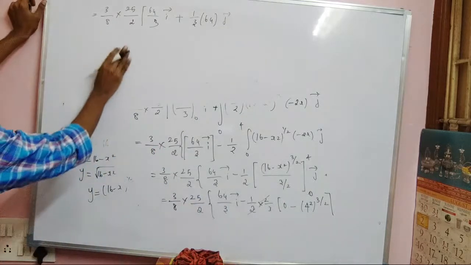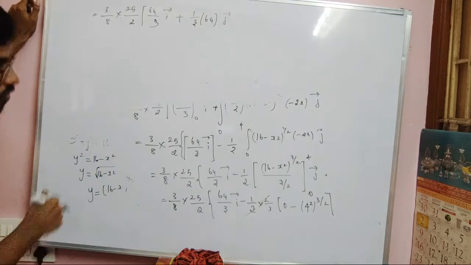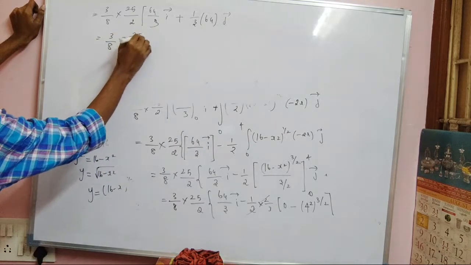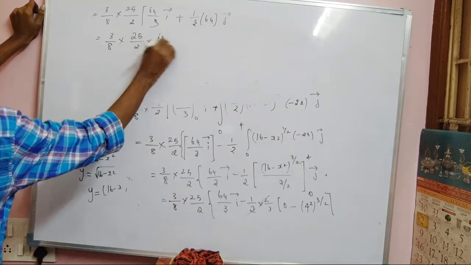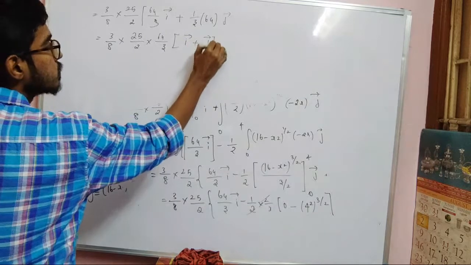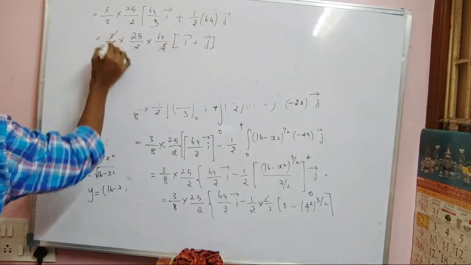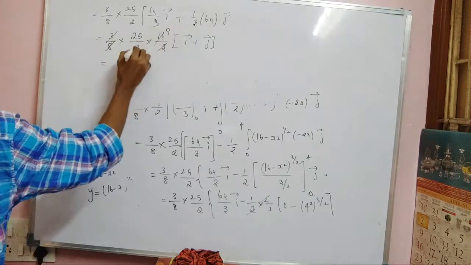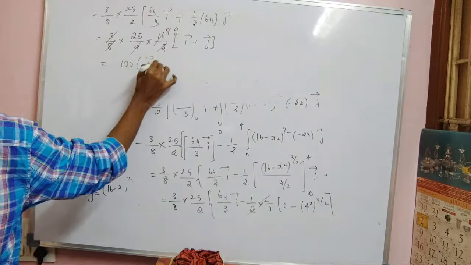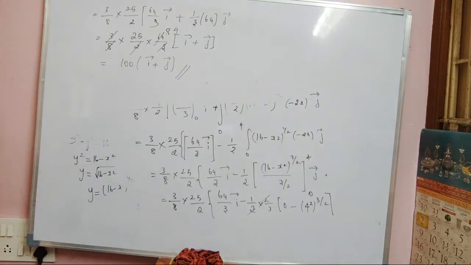Making some simplifications, I take 64 by 3 outside. So we have 3 by 8 into 25 by 2 into 64 by 3, i vector plus j vector. When I cancel, the 3 will get cancelled, and 8 ones are 8, 8 twos are 16, leaving 100, so we have 100 (i vector plus j vector). This is the required answer.